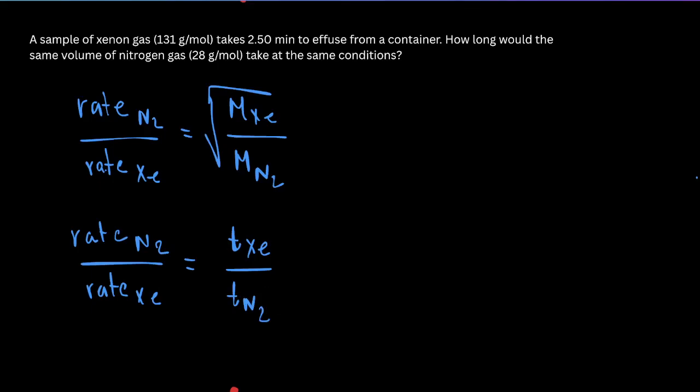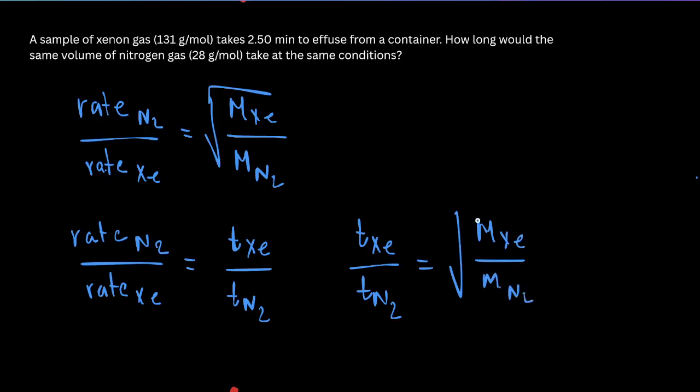But when we are looking, finally, at our relationship between molar mass and time that I was saying earlier, we can see that this is going to be direct. There's no opposite deal going on here. It's just going to be the molar mass of xenon over the molar mass of nitrogen. So this is what we're going to be using here.